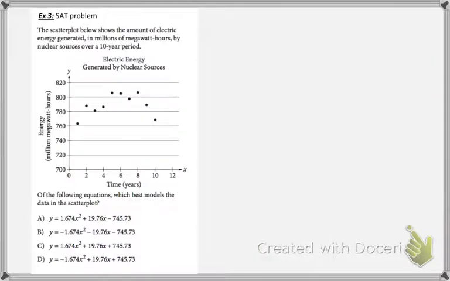And then last example, and you have another scatter plot. So data is collected. Now we're comparing years versus energy consumption. The scatter plot below shows the amount of electric energy that is generated in millions of megawatts by nuclear sources over a 10-year period. And so in a 10-year period, how much energy is generated? That's the two things that we're comparing.